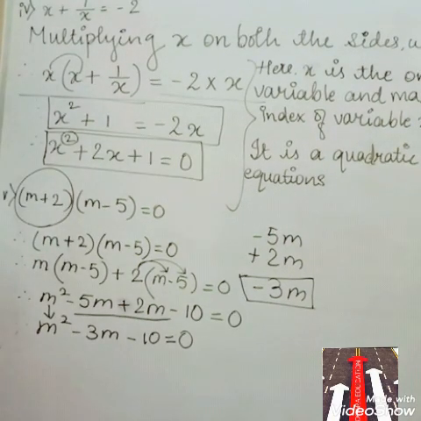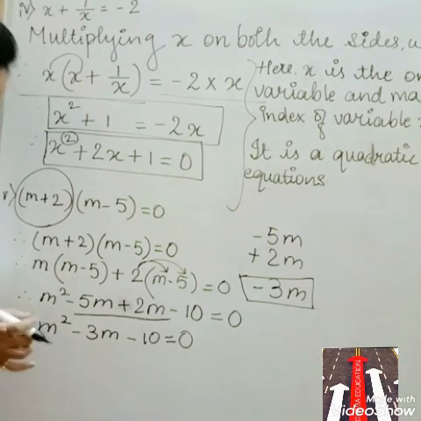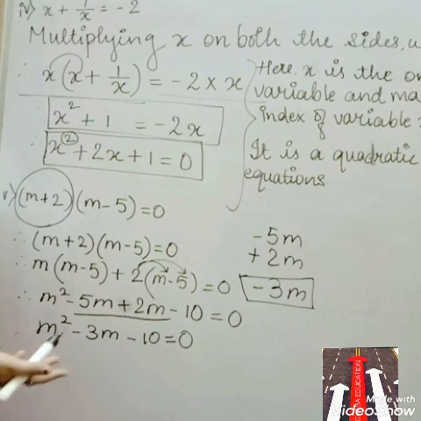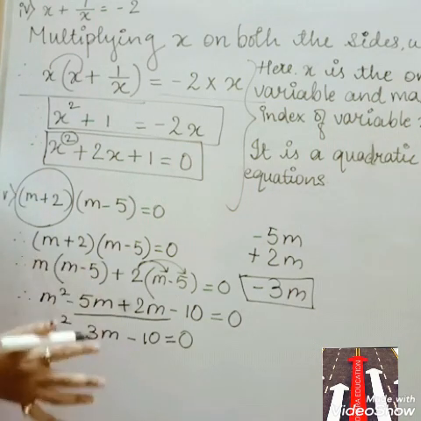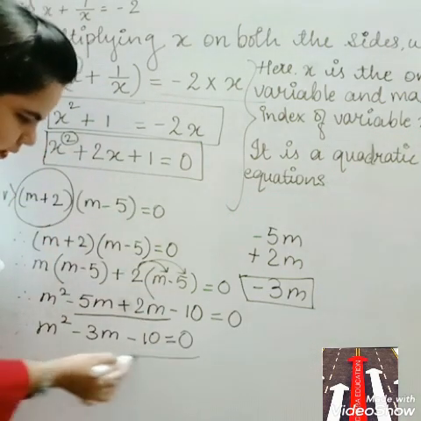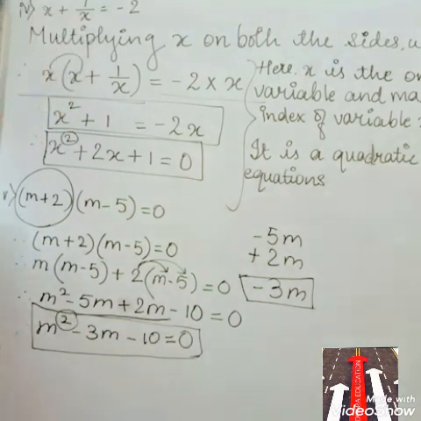So now what we need to do, we need to understand whether it is a quadratic equation or not. As I have told you before in all the sums while solving, the standard form of a quadratic equation has the index value of the variable as the highest, 2. So here if you can see, the highest value is what? 2.